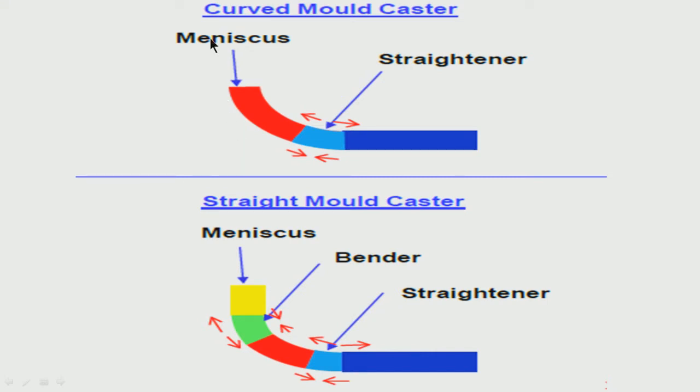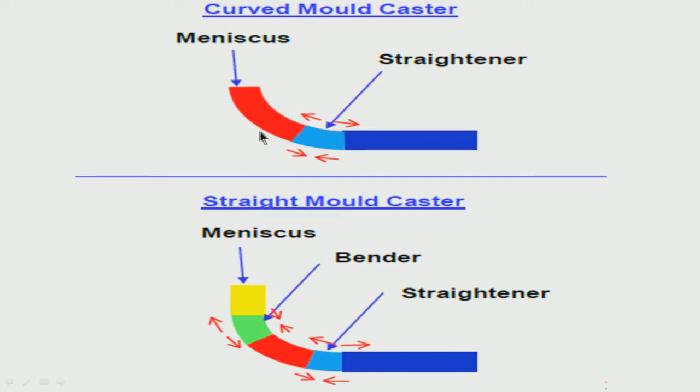So, normally the mold is initially vertical, and then it has to be bent or straightened, and then it becomes finally horizontal. The cast product when it is finally coming out is horizontal, but initially the mold is vertical. Now, you see here it is totally vertical, here it is not vertical, it is a curved mold.